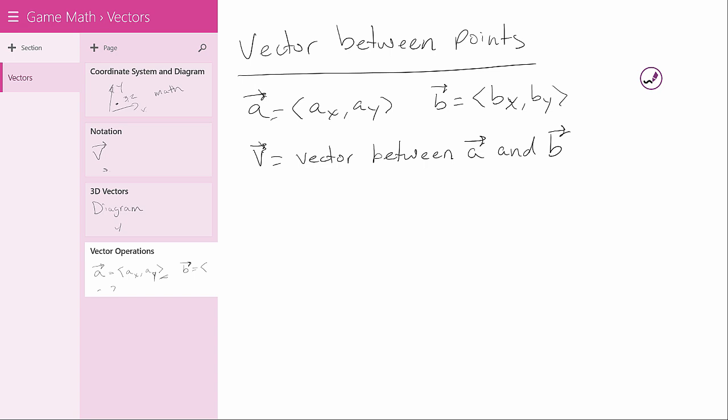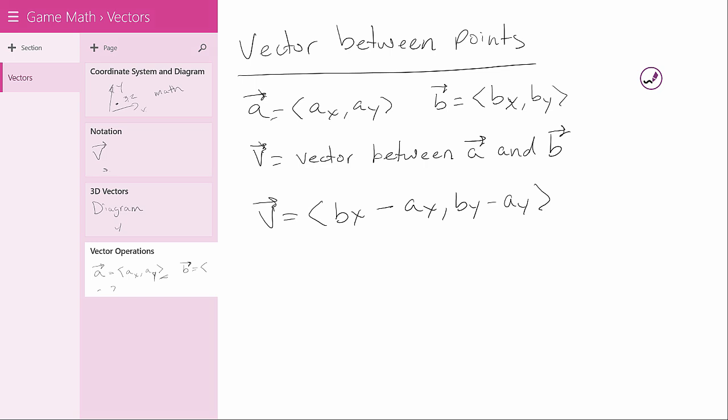We want the vector V to be between A and B. So V is going to be BX, sorry about that, BX minus AX, comma, BY minus AY.